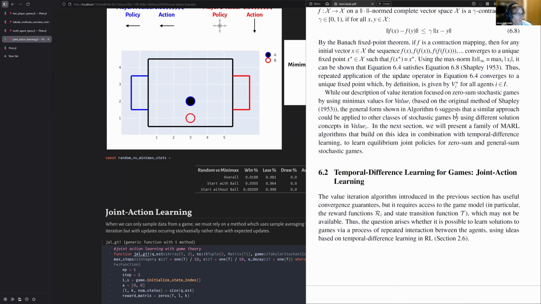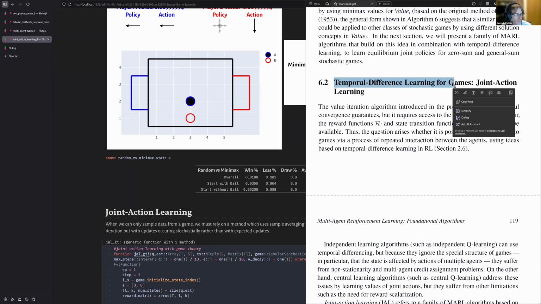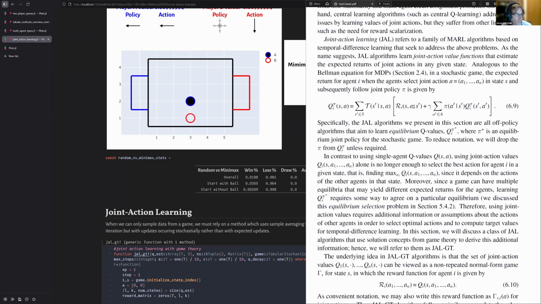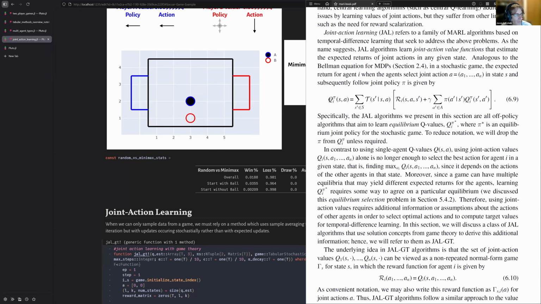And that's where this next type of learning comes in, where we're going to do temporal difference learning, which we did with single agent RL. But now in the context of joint actions, and this is the update step. Now, this would be for an exact solution like we had with value iteration, where here we're summing over the probabilities.